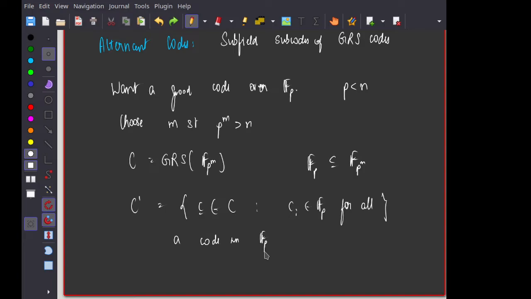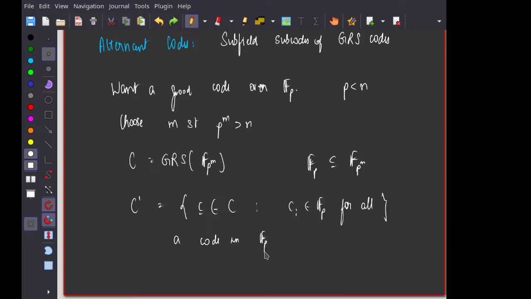Clearly, the set of all code words over here forms a group. Yes, you agree it's a group code, right?